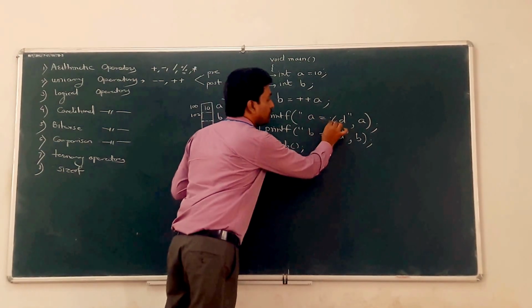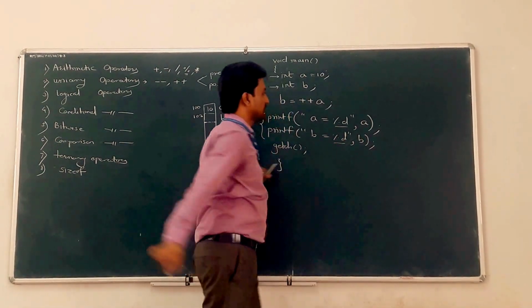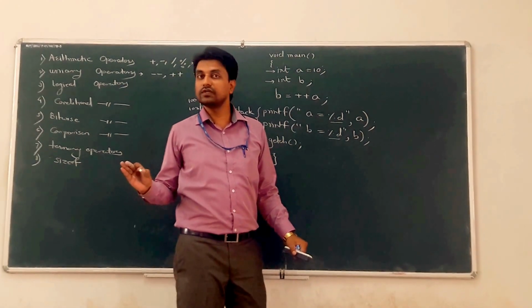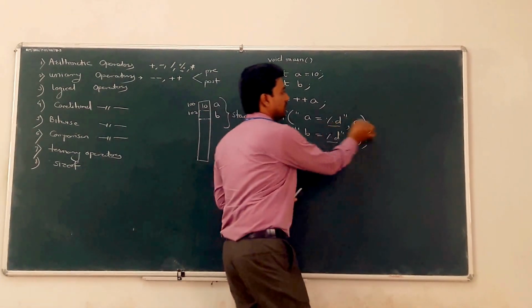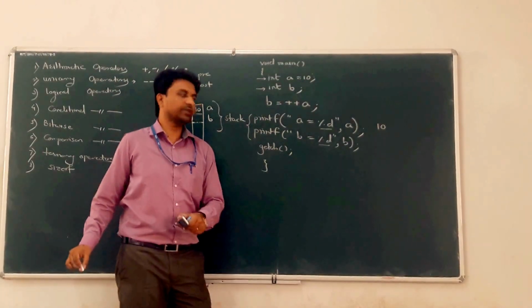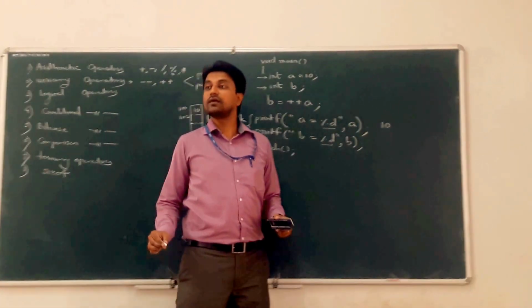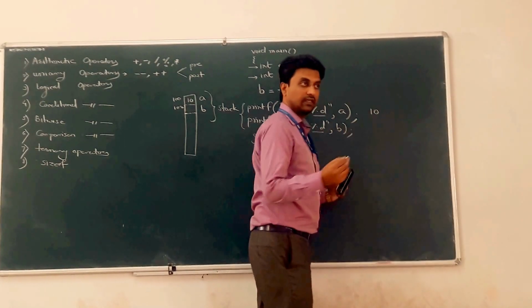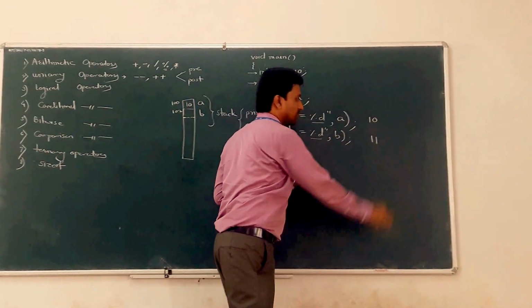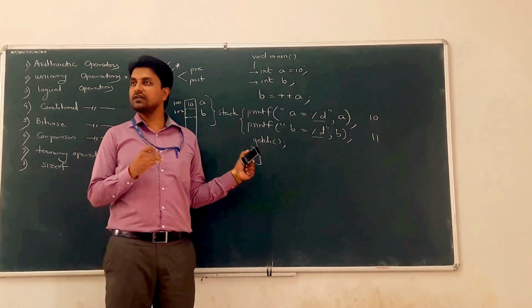So what is your answer? What is A is equal to? 10. A is equal to 10. This is your predicted value. What is the value of B? 11. The value of B is 11. So this is your predicted output. Any other?